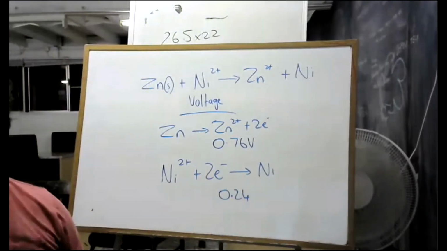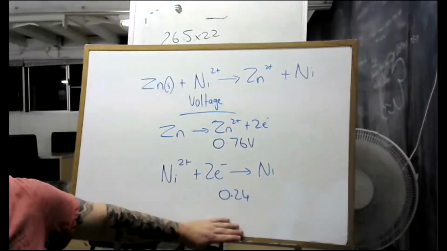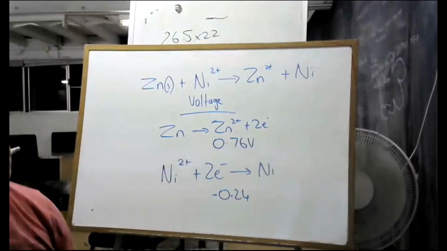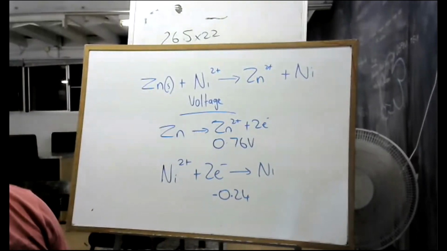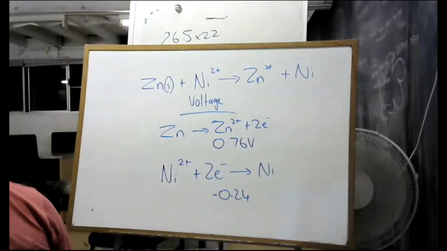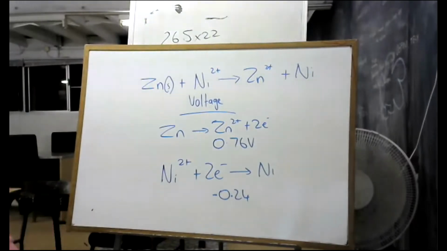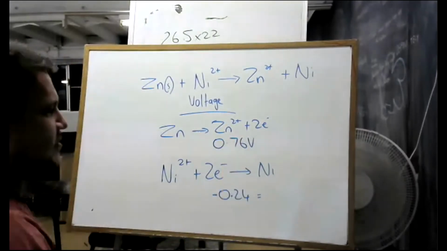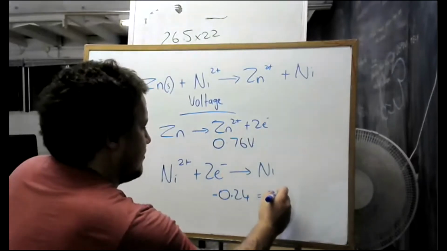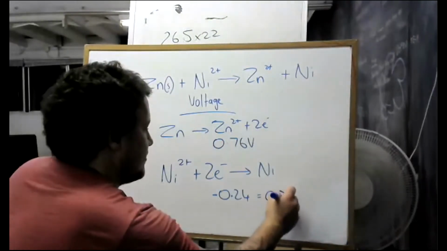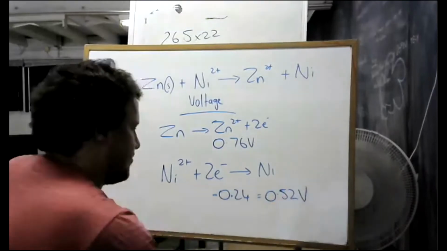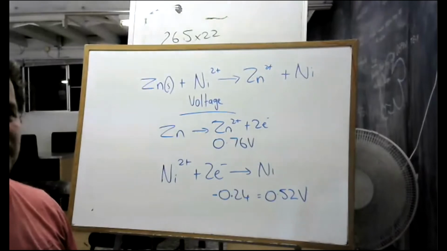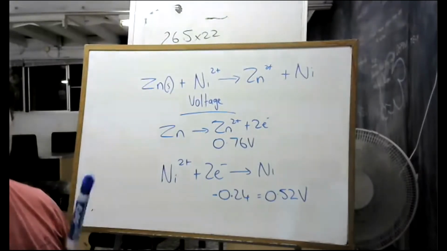Now, easy thing to remember, it's reduction, you make it a minus. So 0.76 minus 0.24 gives us 0.52 volts. Put your units in, you would lose a quarter of a mark. If I didn't even put volts there, you would lose a quarter of a mark.